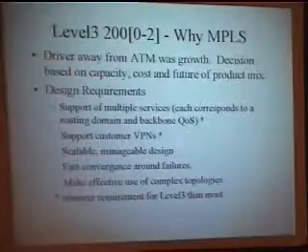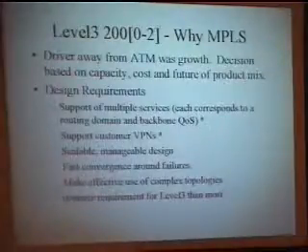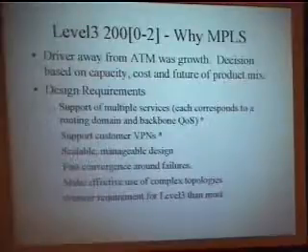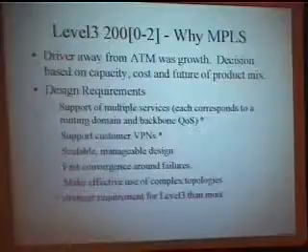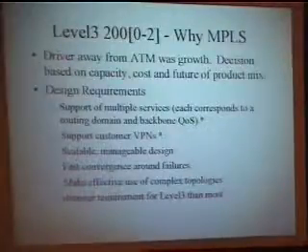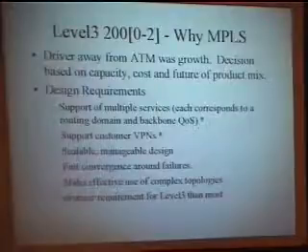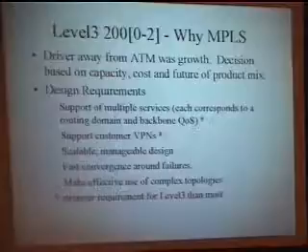The reason why we were moving away from ATM was because the capacity of our little ASX 1000s had long been exceeded. So we had to do something. The decision to go with packet over SONET was mostly because that's what's out there in the marketplace now. We still wanted to have a multi-service network.